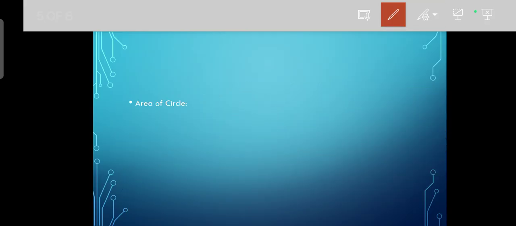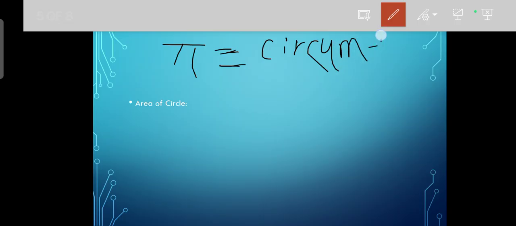And if you want to know detailed information about pi as a mathematical constant, we can also define it like this: pi is equal to the ratio of the circumference of a circle and the diameter of the circle.